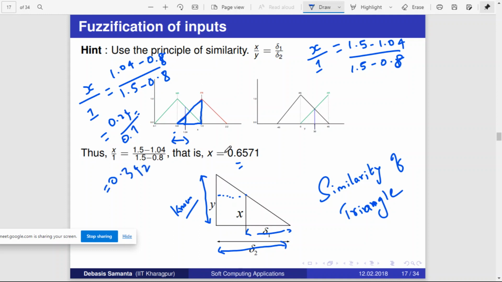So this is the membership value for far. For near it is 0.6571, and for far it is 0.342.